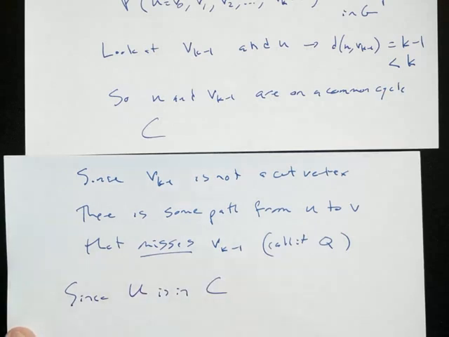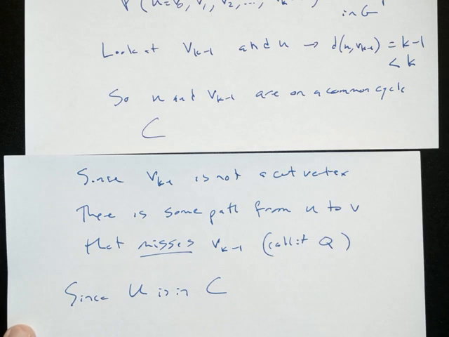U is on my cycle, the cycle between U and Vk minus 1. I start going from U to V. Maybe I'm on that cycle for a bit. Maybe I'm on the path. Somewhere I have to get off the cycle because the cycle is going to hit Vk minus 1.